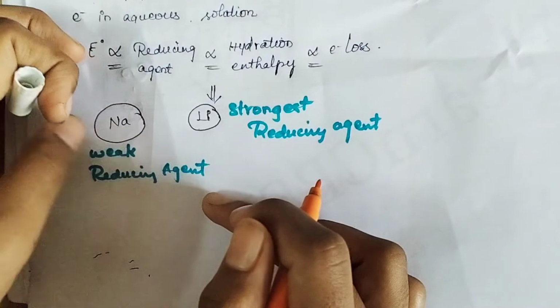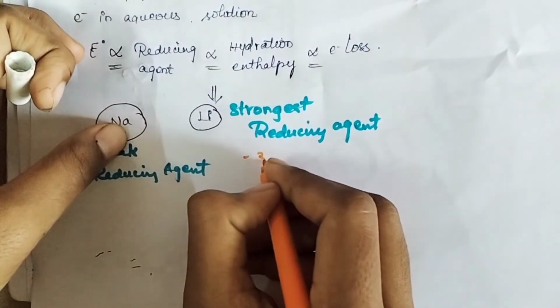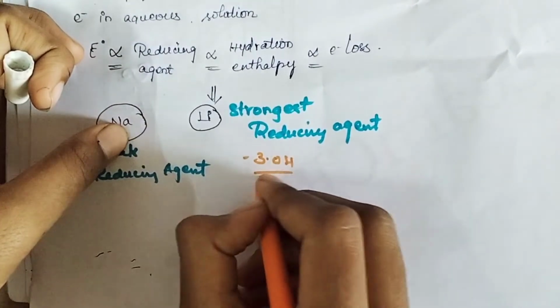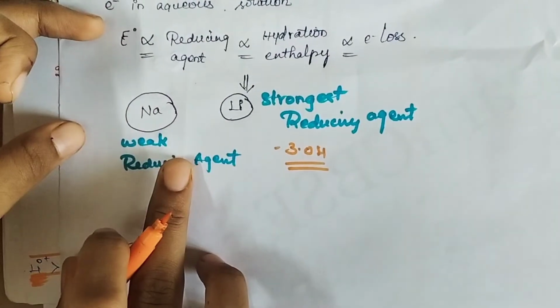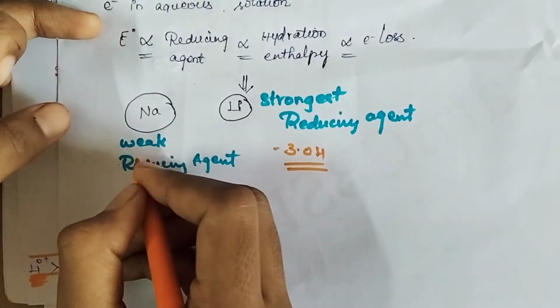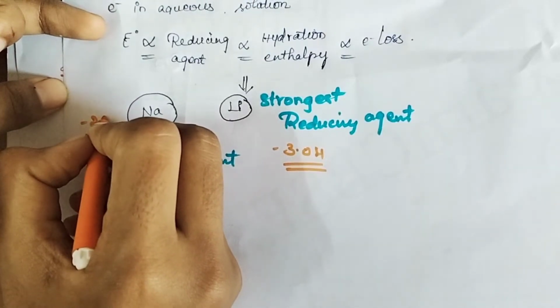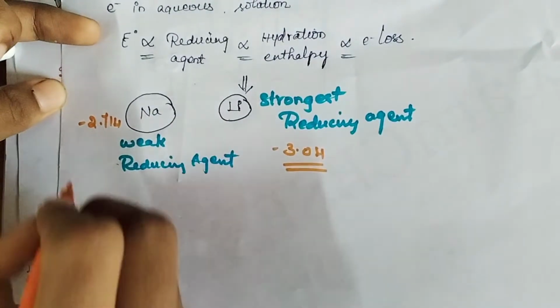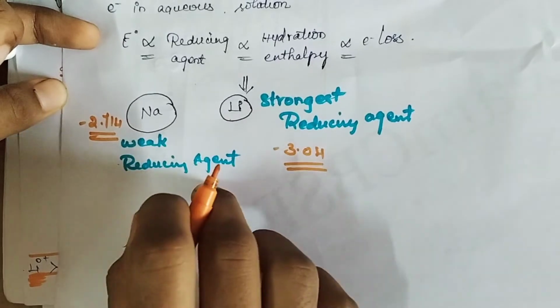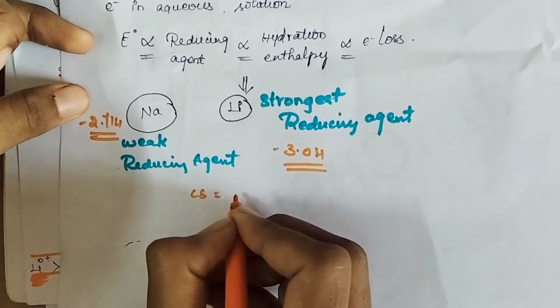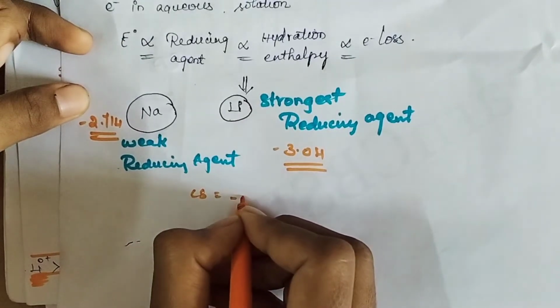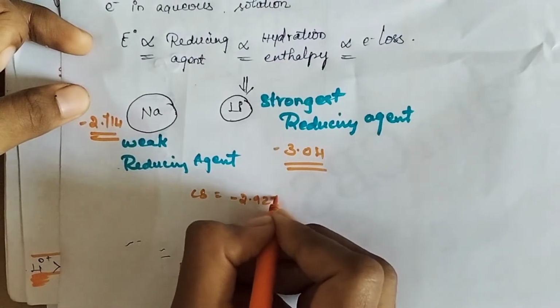Now, are you clear with the points? Lithium electrode potential is minus 3.04, while sodium electrode potential is minus 2.714. Cesium is minus 2.927.